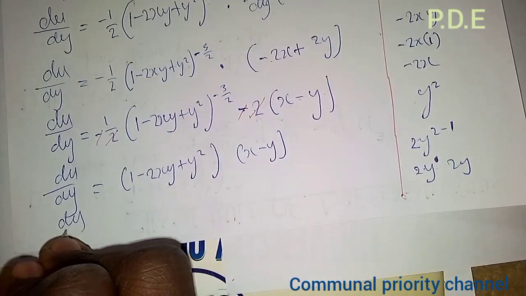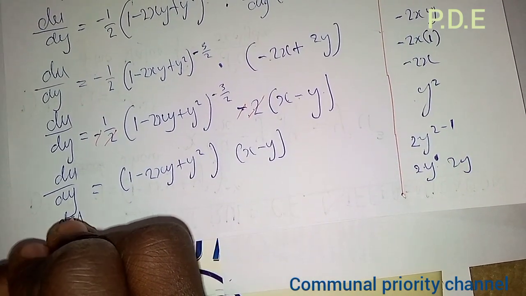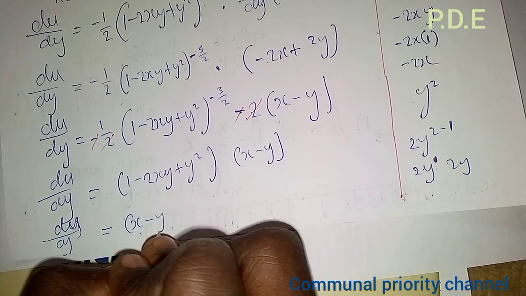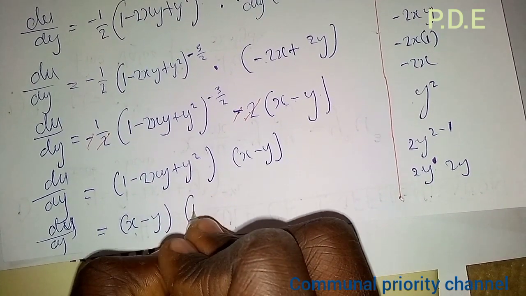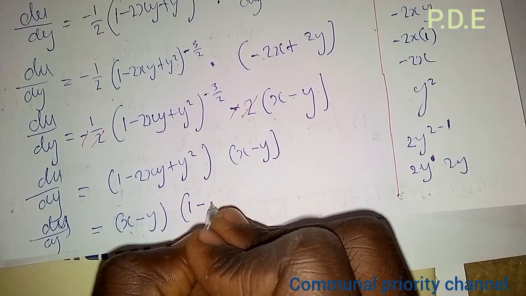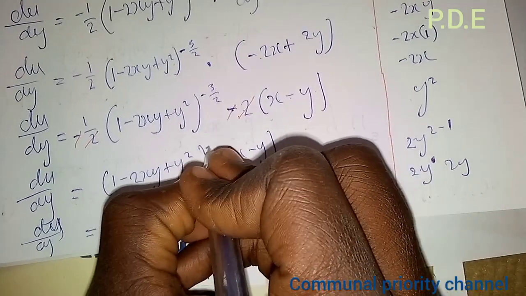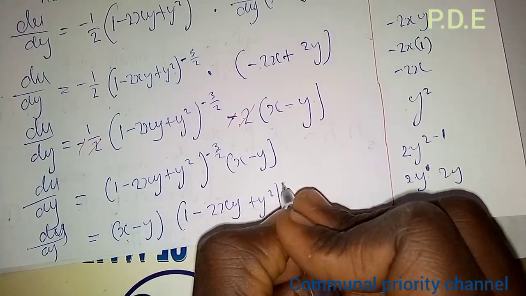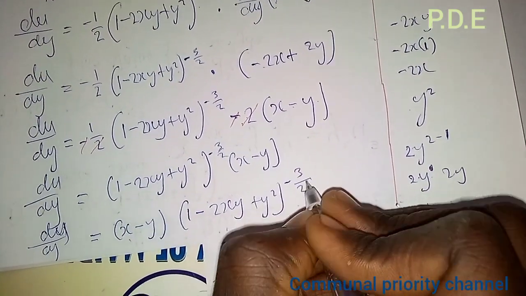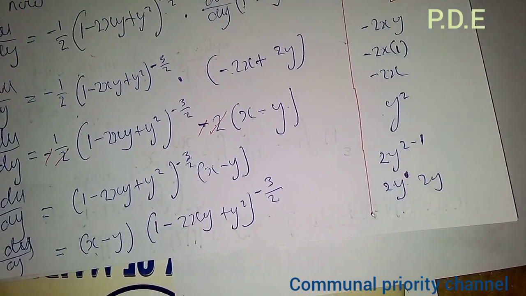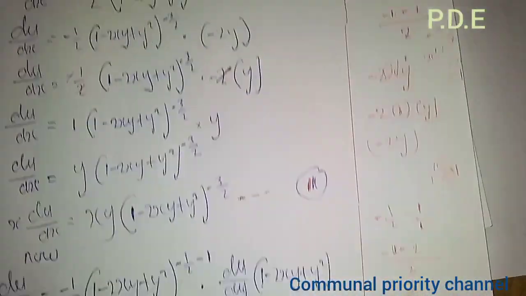So therefore, du over dy will be equal to x minus y, close bracket, of another 1 minus 2xy plus y square, to the power of minus 3 over 2. So now we can simply multiply through by y as we said in the question.